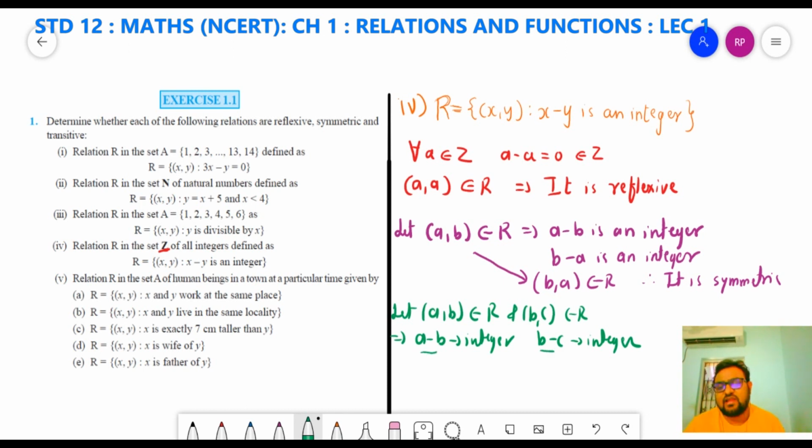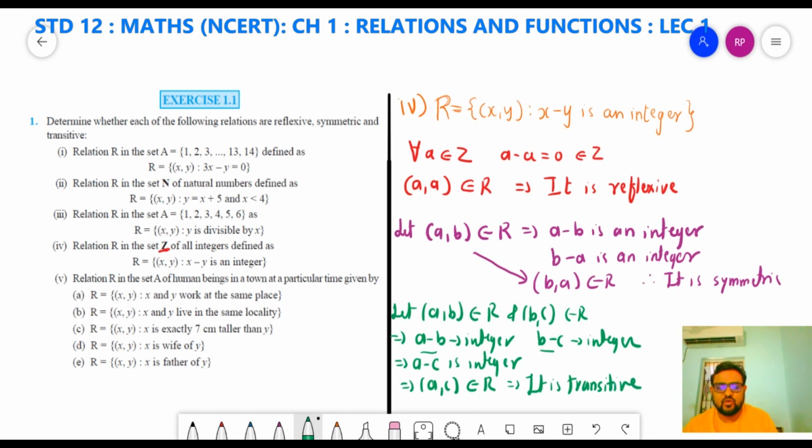Well, we know that when we add two integers, the answer will be an integer. So A minus B plus B minus C, B gets cancelled. So this implies A minus C is an integer. So that means AC belongs to R. That implies it is transitive.